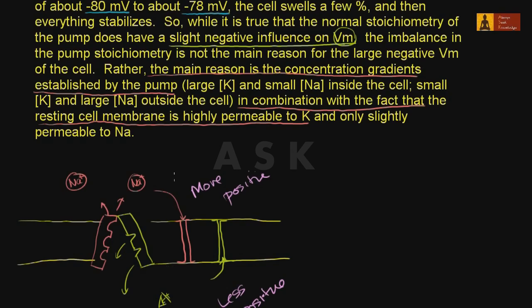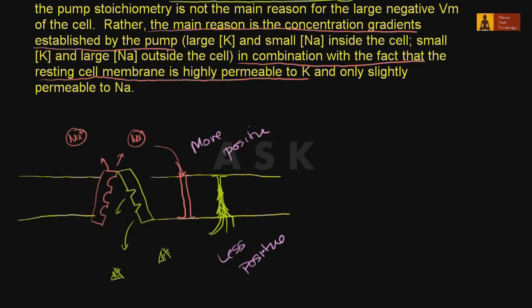And now what he's saying is that the main cause of the potential difference isn't this ratio. It's the fact that the membrane is highly permeable to potassium. So this is very permeable. Potassium can get out if it wants to, much easier than it is for sodium to get in. So even if this was a 2-to-2 ratio, it's actually a 3-to-2, but even if it was 2-to-2, even though this environment is more positive, you're just more likely to have potassium ions down here bump in just the right way to get across and get to the other side, going against its electrical pull, right?